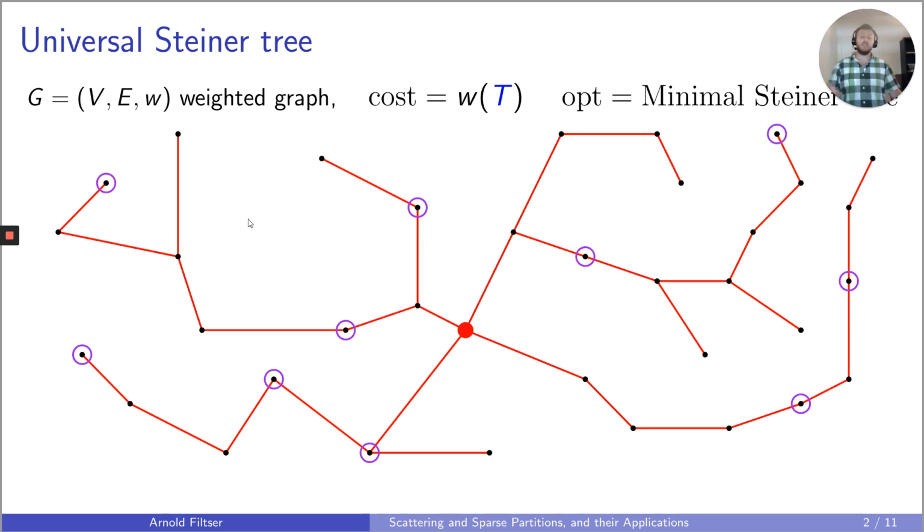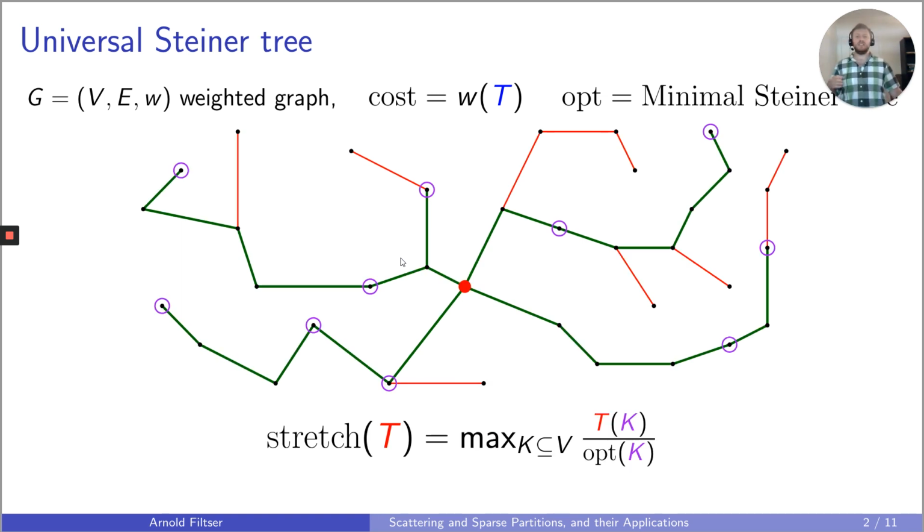And when the next set of clients arrives, again, we simply send them the message using the subtree spanning them. This is computationally very efficient because you can do it in a distributed setting and in other settings as well, because it's very simple. You just have a tree and you're computing a subtree. However, it might be much worse than the optimal solution.